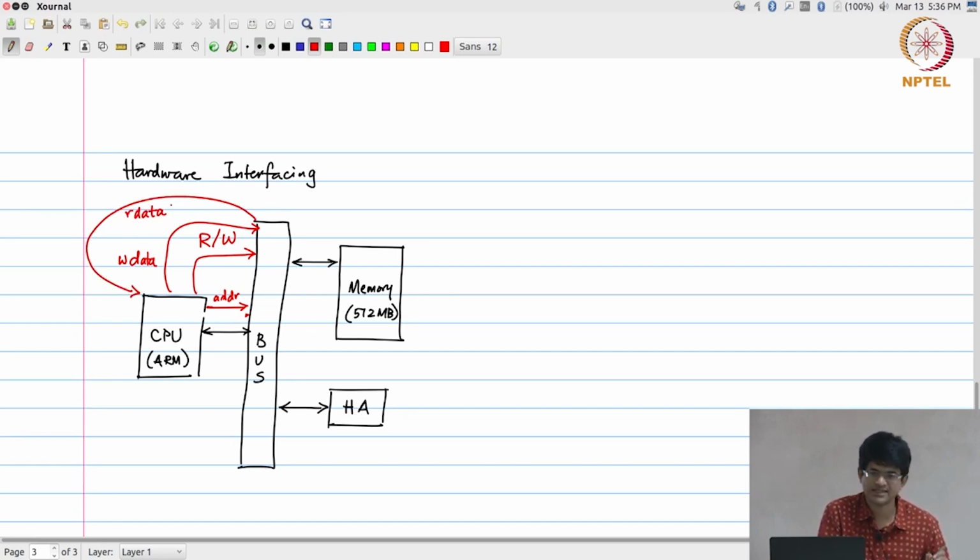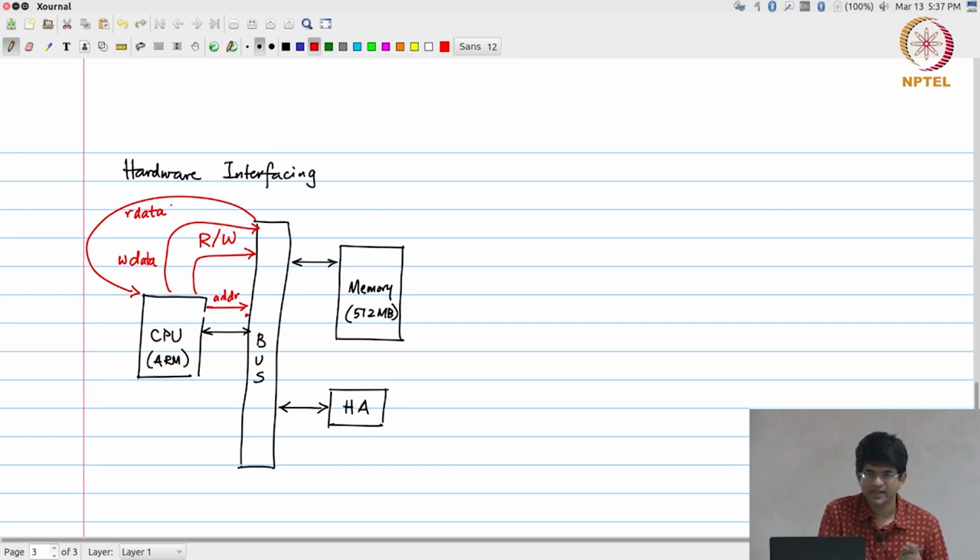Okay. So, the interface between the CPU and the bus is there is an address, there is a read write signal, there is a W data if I want to write data into the bus, and a read data if I want to read data back from the bus. Remember, I am talking about from the bus, I am not talking about specifically memory.